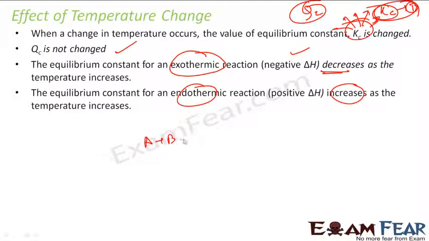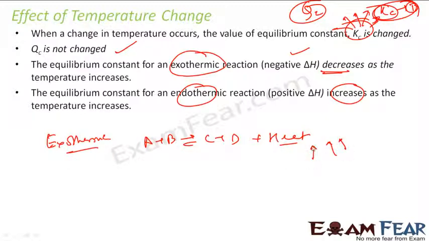For example, I have the reaction A plus B gives C plus D plus heat. Let's suppose this is an exothermic reaction. Since it is already giving heat, if I increase the temperature, what will happen? The reaction will move in such a direction that the temperature will decrease.